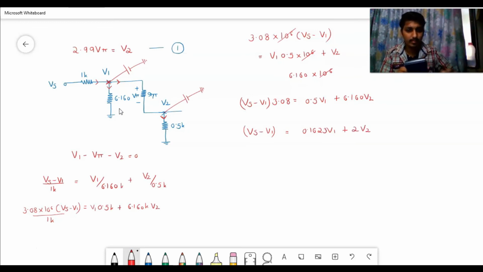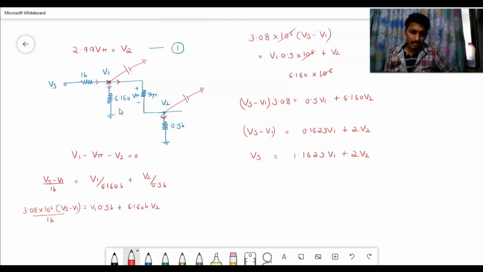Once again I will check, this is correct, Vs minus V1. So if we shift V1 there, 1 plus 0.1623, 1.1623 V1 plus 2 V2. Okay, so finally we have reached here.